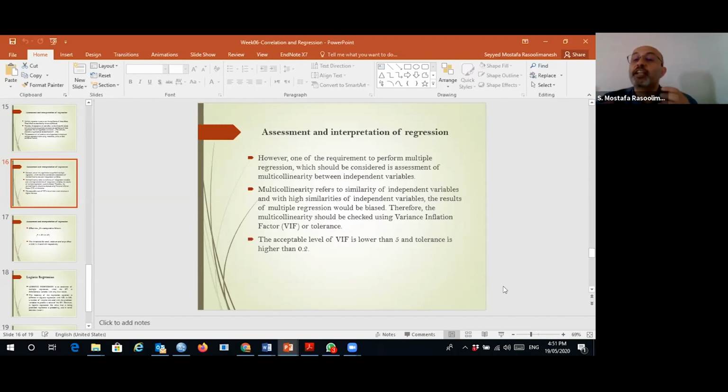If we use very similar variables, the assessment of their relationship or effect is not meaningful, especially when we have a few more variables. Also, we have tolerance, but tolerance and VIF are very similar.